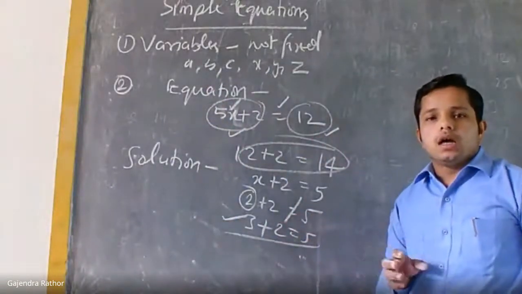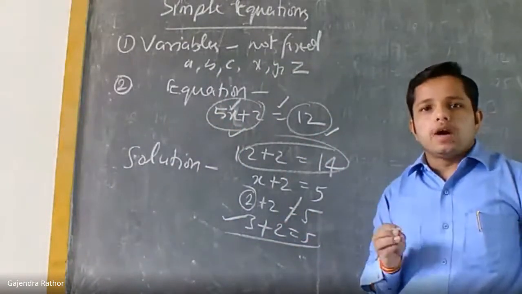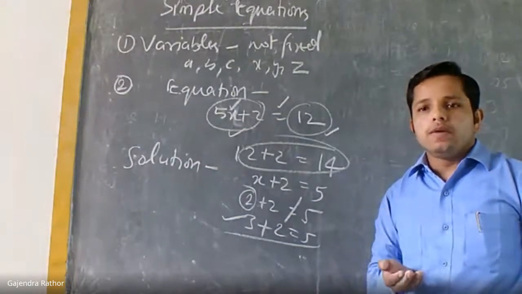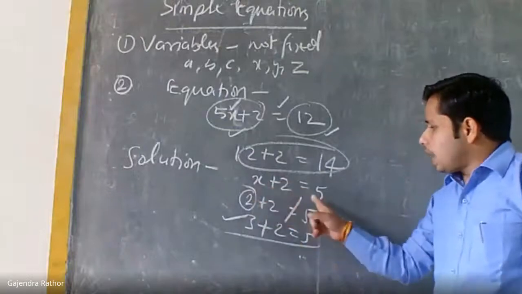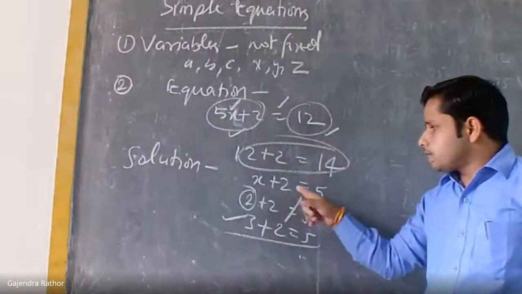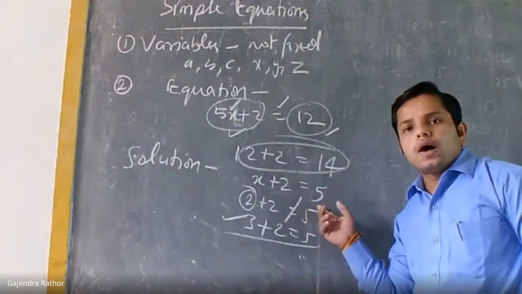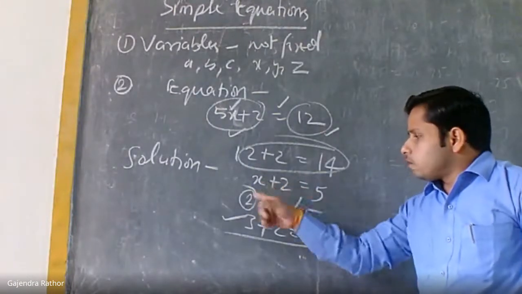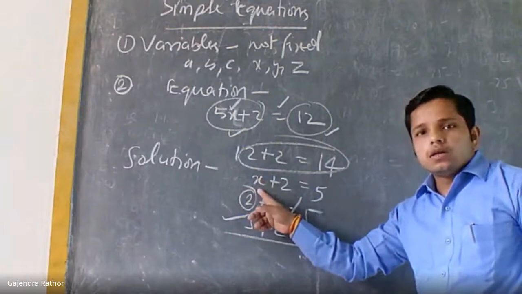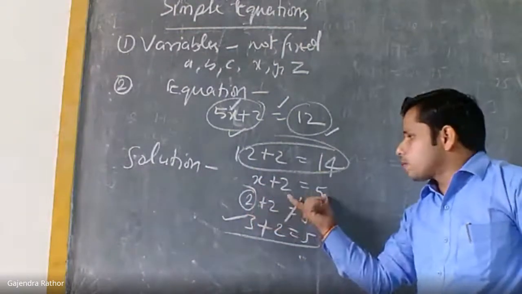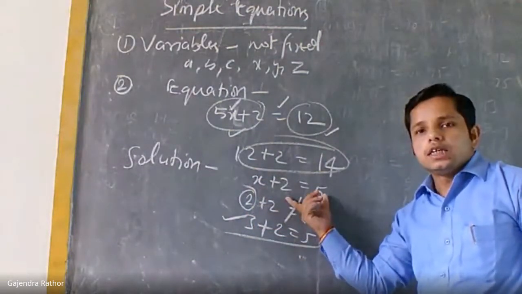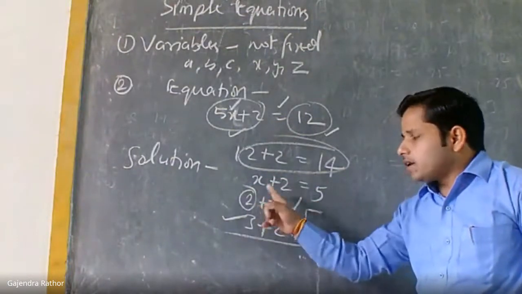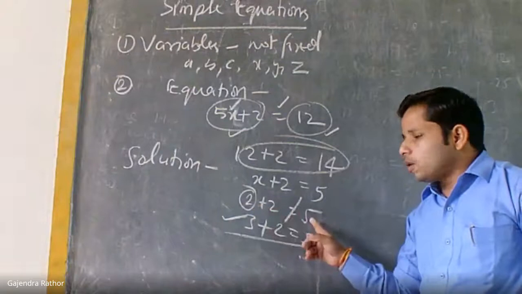solution means the value of the variable which satisfies the equation when we replace it. I wrote one example of equation, x plus 2 is equal to 5. So for this we need one value of this variable जिसे हम रिप्लेस करें तो इस इक्वेशन को सेटिस्फाई हो जाए। सेटिस्फाई मीनिंग दोनों साइड का वैल्यू इक्वल हो। So when first I put 2, 2 plus 2 is equal to 5.